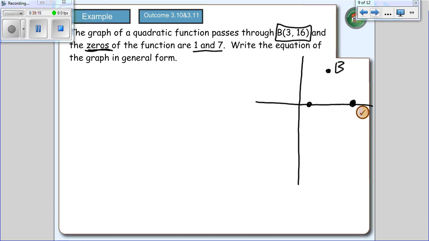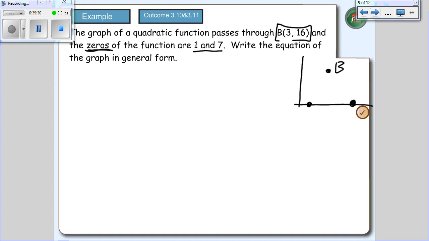We have to write an equation in general form. What does general form look like? That's general form.